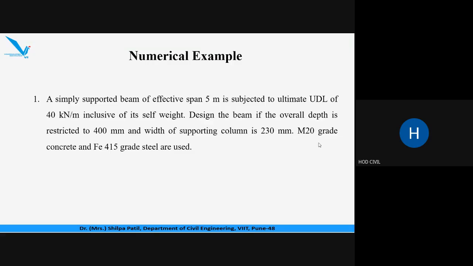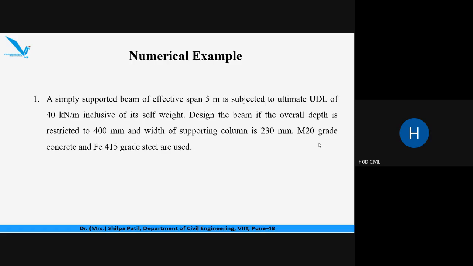And normally when such restrictions are given to the depth, we need to design such beams as doubly reinforced beams. Obviously we have to check the comparison between Mu,R max and Mu. We have to check these values and then we decide.